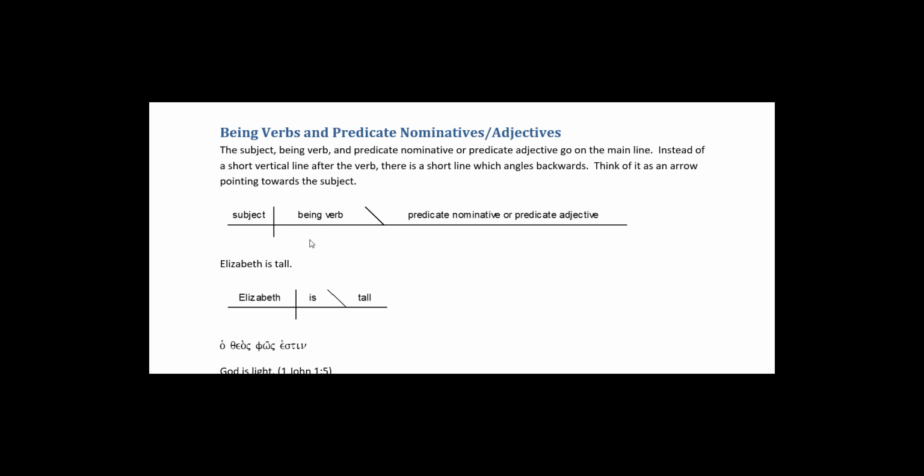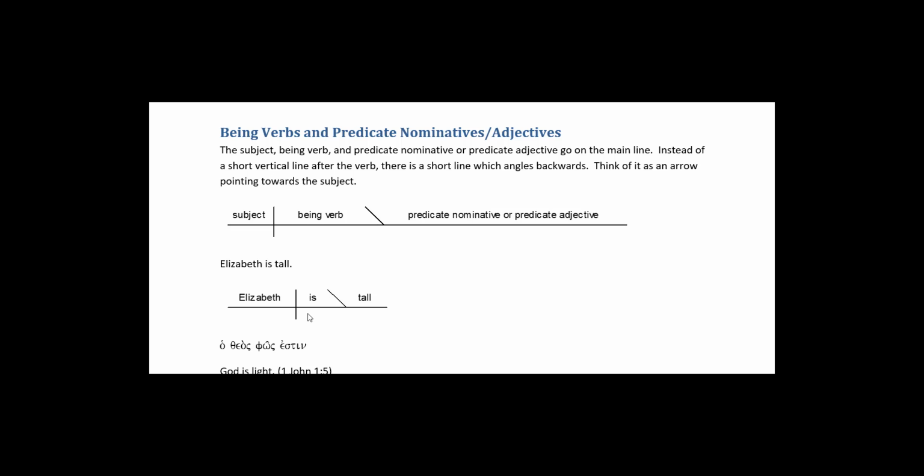How about when you have a being verb? If you have a being verb and then you have either a predicate nominative or a predicate adjective, those words go on the main line also, but there's a slanted line that shows you that you're dealing with a being verb and a predicate nominative or predicate adjective. I kind of think of this like an arrow pointing backwards all the way over to the subject, because a predicate nominative or a predicate adjective is telling you something about the subject.